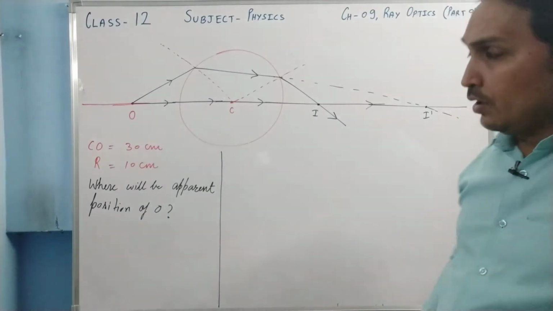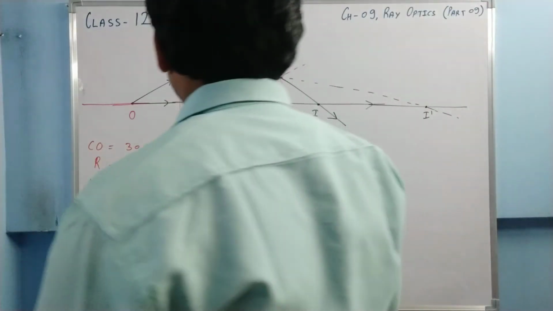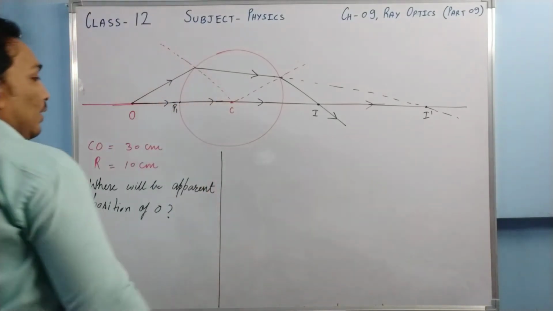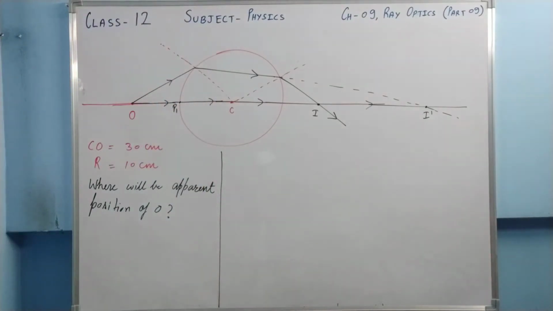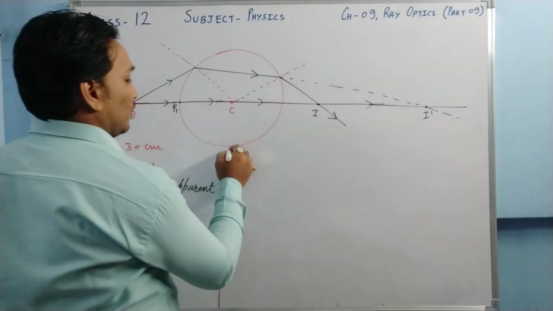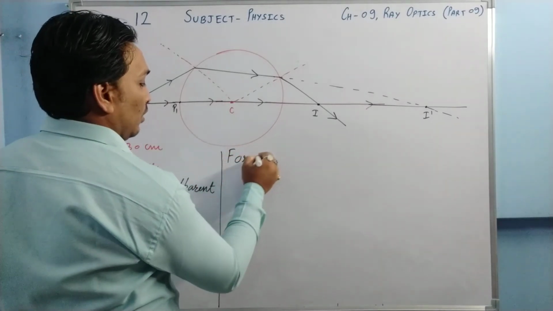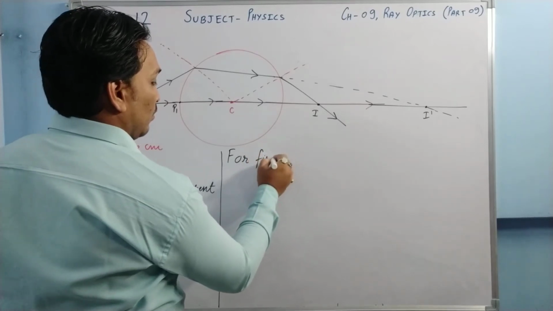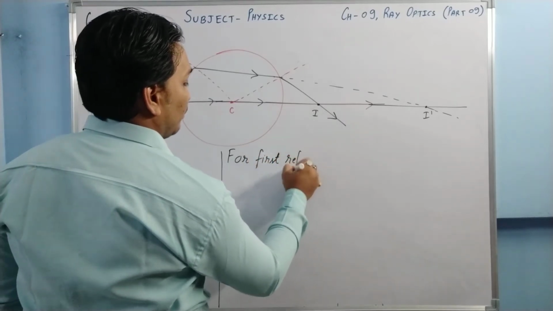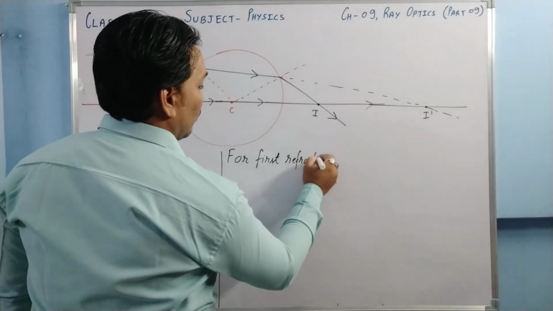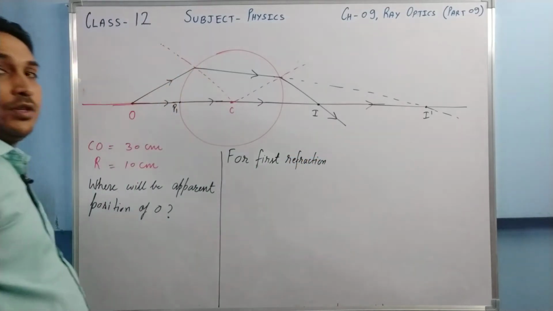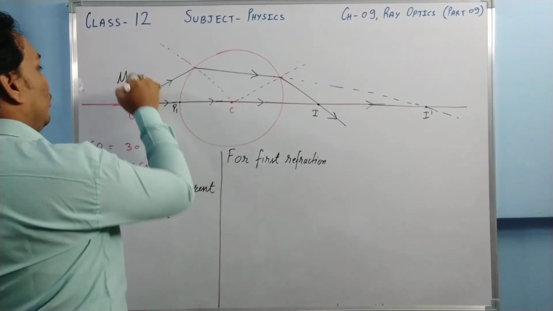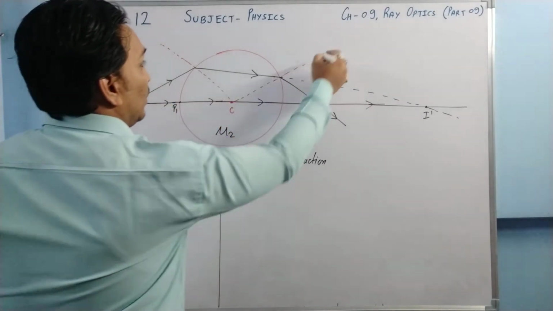Okay, so let us first of all try to find out where is the position of I. Let this point be P1, and we have to find all the positions with respect to P1 for first refraction. For first refraction, say this is your mu1, this is your mu2, this is your mu1.